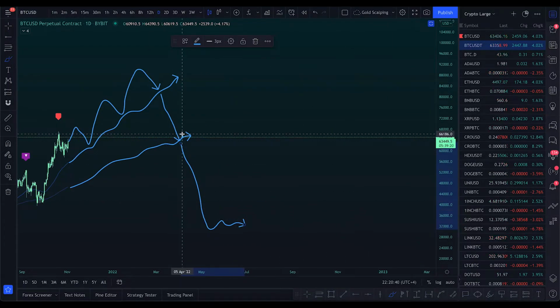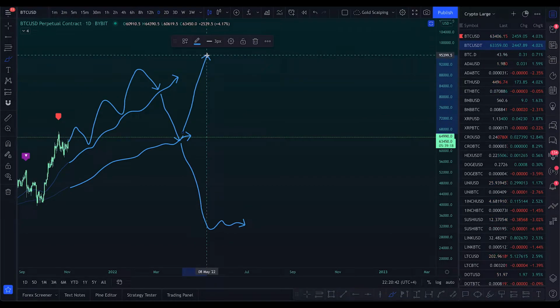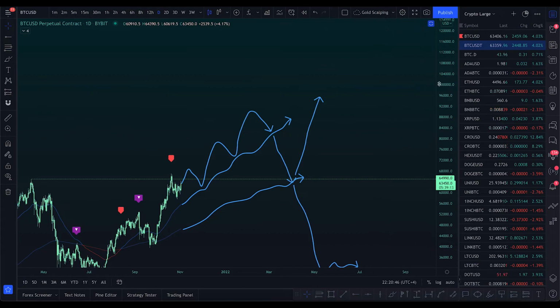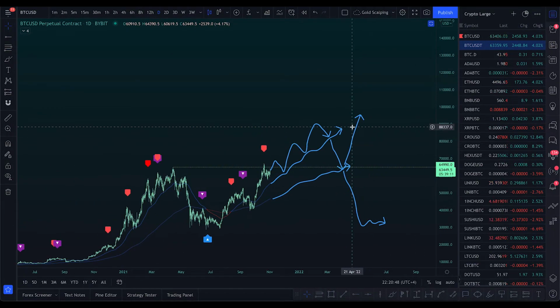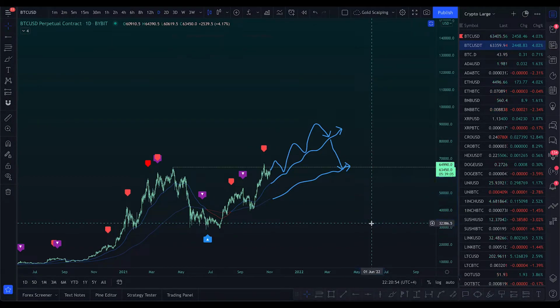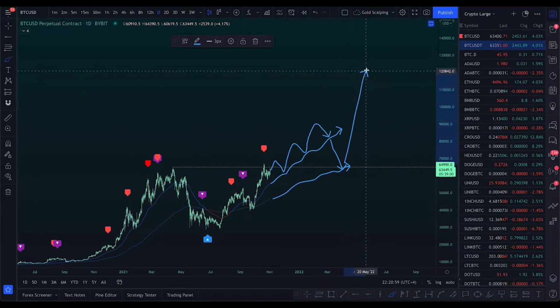But if we actually bounce from here, this bounce is going to be really strong, right? Because this is going to be the very last leg of what is called the bull run, right? So let's delete this once again. Delete this. And if we bounce from this level, then yes, we can break 100. That's what I see for the market.